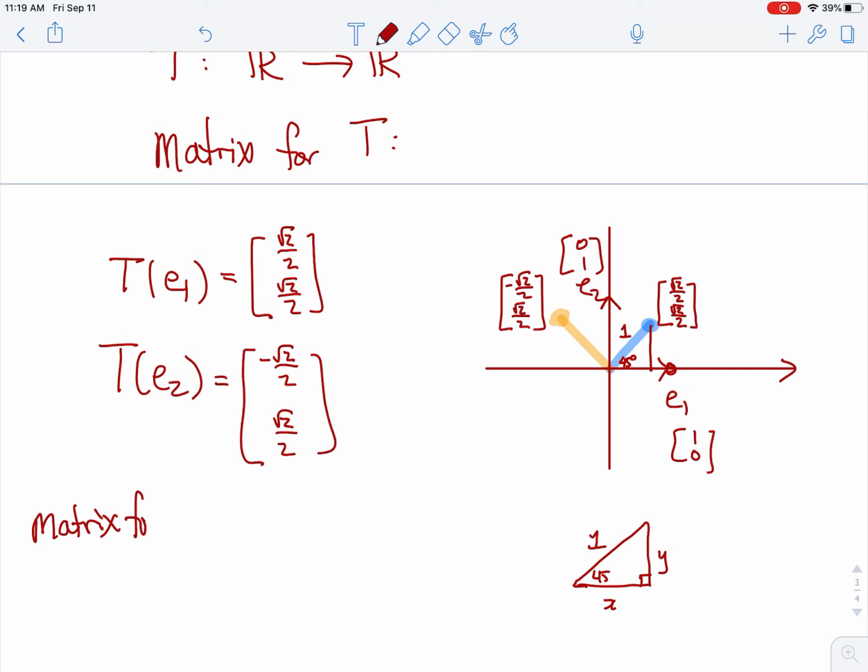And so the matrix for T is, I just put the first vector in and then the second vector. So that's how I do that.